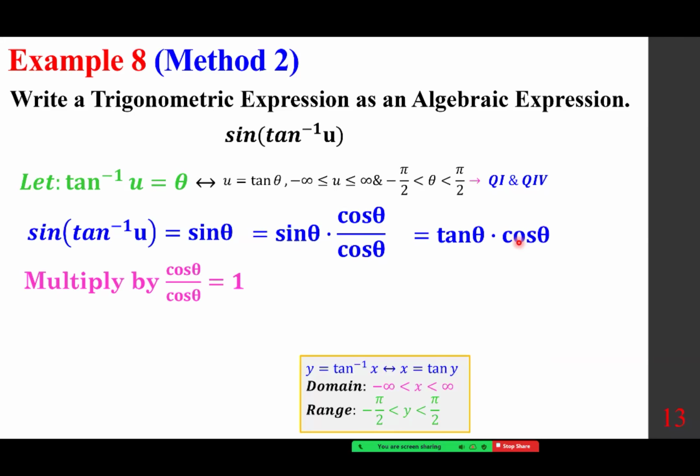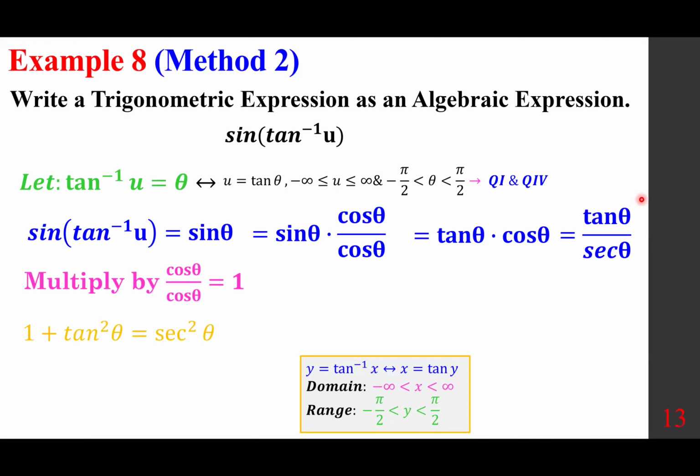And cosine theta is 1 over secant theta. So it's tan theta over secant theta. Again, just some manipulation. And as you know, 1 plus tan squared is secant squared. And so this is tan theta. This is the square root of that.